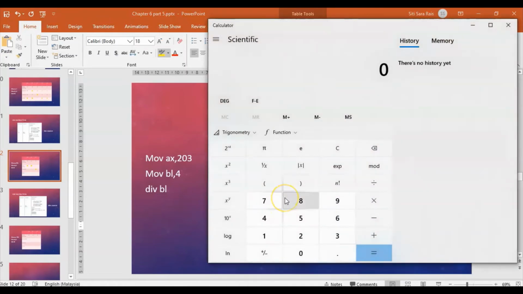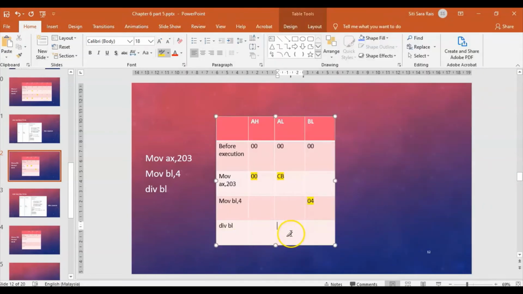I will use a calculator with the decimal value 203 and divide by 4. We have 50. 50 multiplied by 4 equals 200, and the remainder is 3. So AL will have 50.